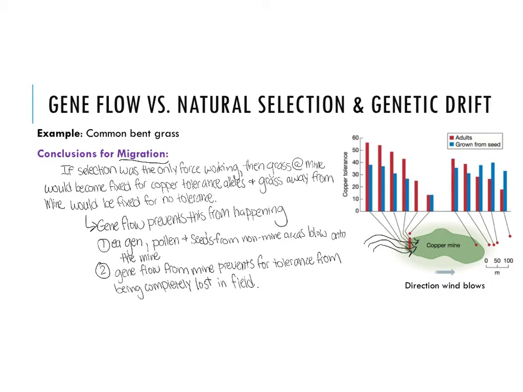Right? So we've got gene flow, seeds and pollen from the mine blowing downwind into the field. So there's always going to be individuals that are not adapted to that environment mixing with individuals who are, which is going to prevent fixation for the local adaptation.